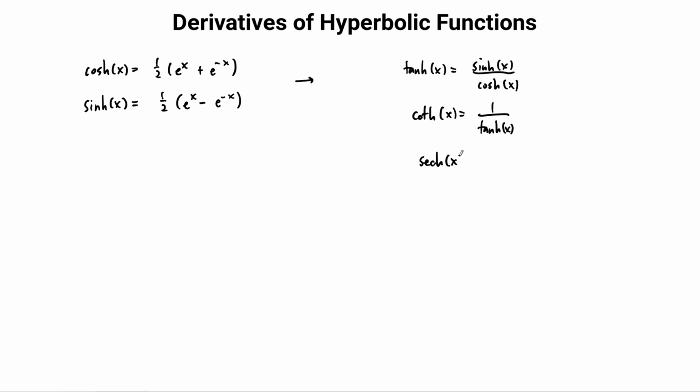Hyperbolic secant of x is 1 over cosh of x, and hyperbolic cosecant, csch of x, is 1 over sinh of x.